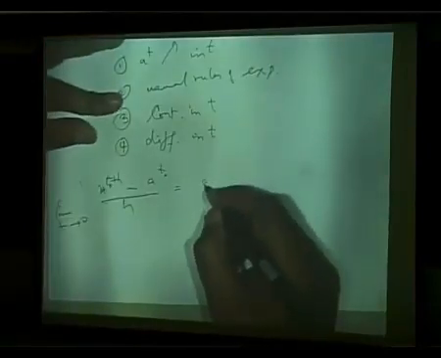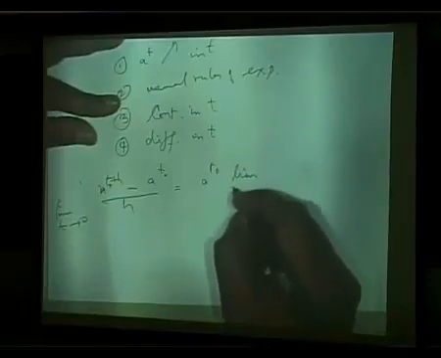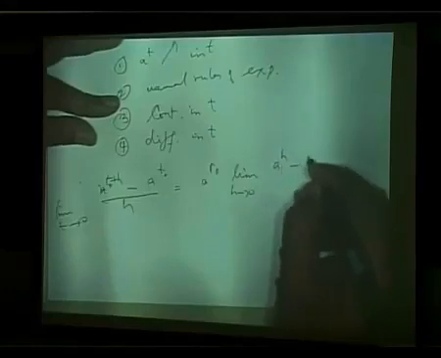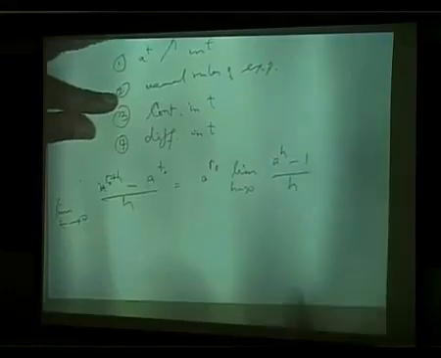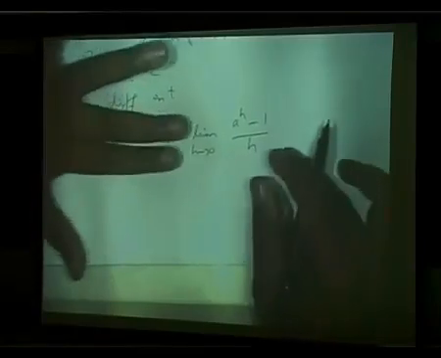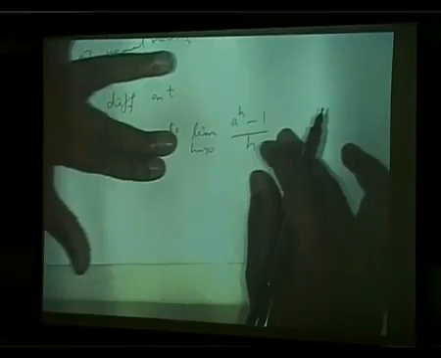This is just a power t naught into limit as h goes to 0, a power h minus 1 by h. So differentiability is really only equivalent to proving that this limit exists.